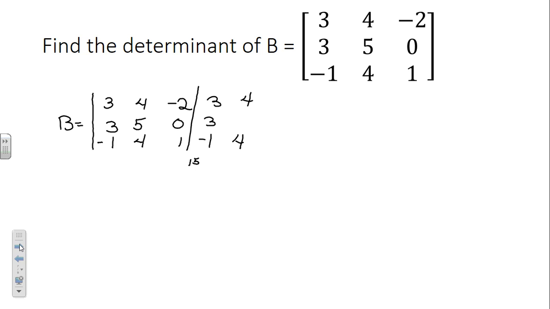Okay. 4 times 0 times negative 1. 4 times 0 is 0 times negative 1 is 0. One more time. Negative 2 times 3 times 4, negative 24.